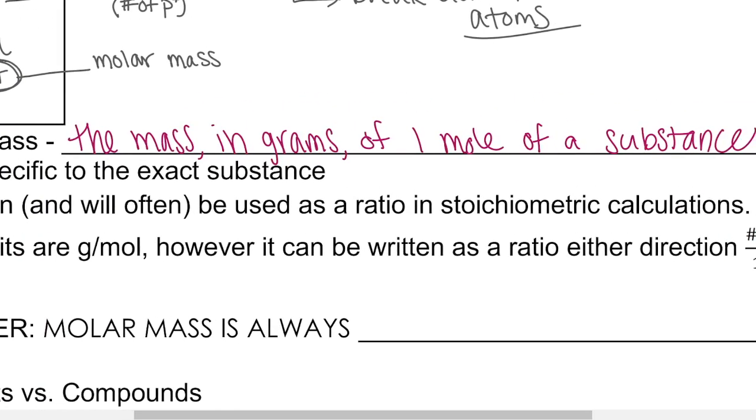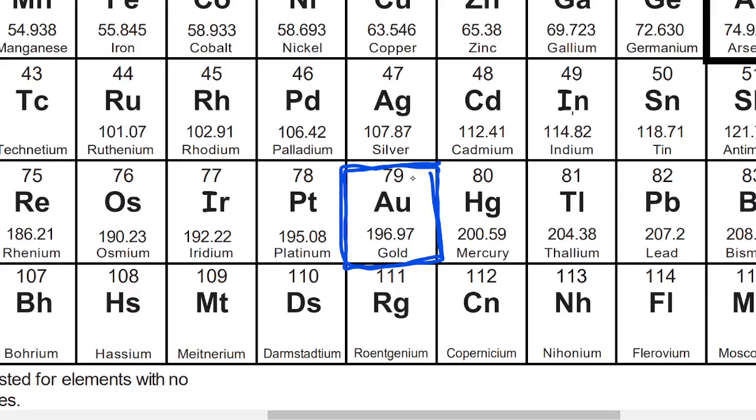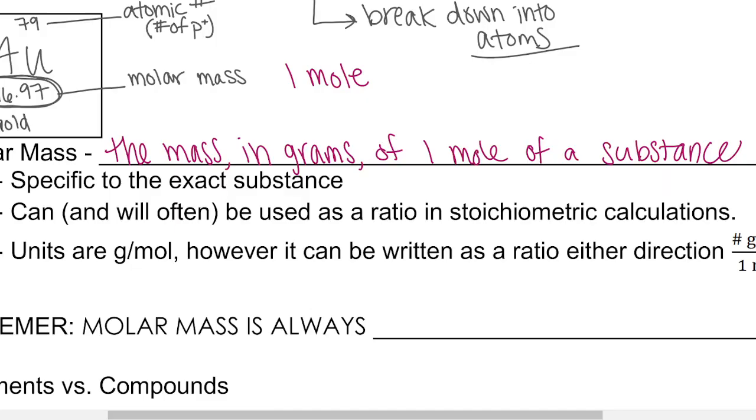What's important about using molar mass is that it is always going to be specific to the exact substance. So for example, if I had 1 mole of gold, let's use this as our example, 196.97 is our molar mass. So 1 mole of gold, Au, is equal to 196.97 grams.